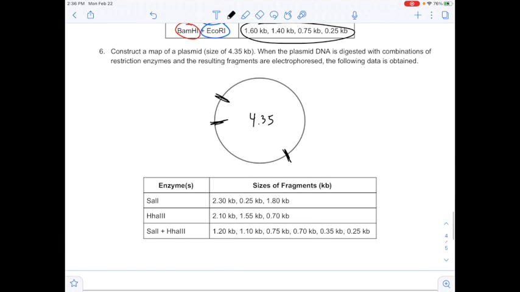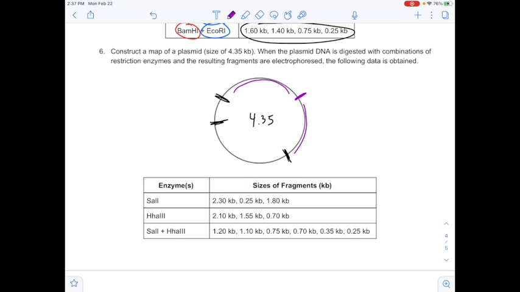All right, and then for this HHAL2, for that one, it looks like the Sal1, the 230, probably gets cut into a 120 and a 110.